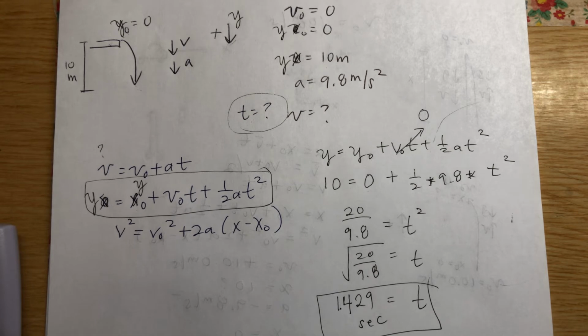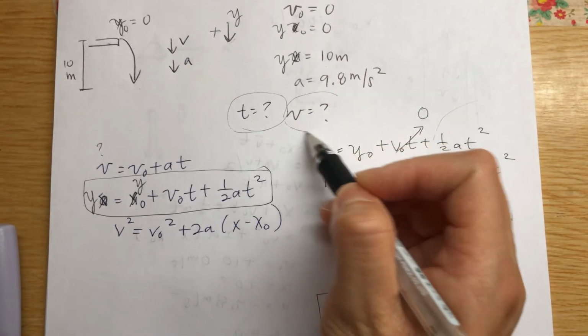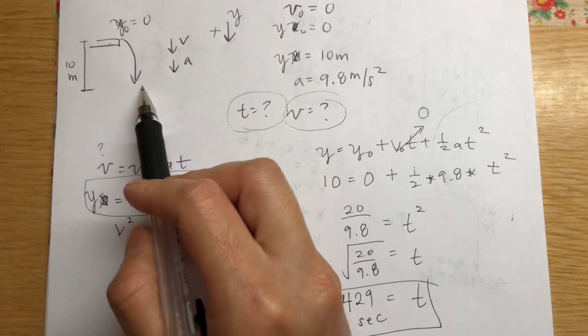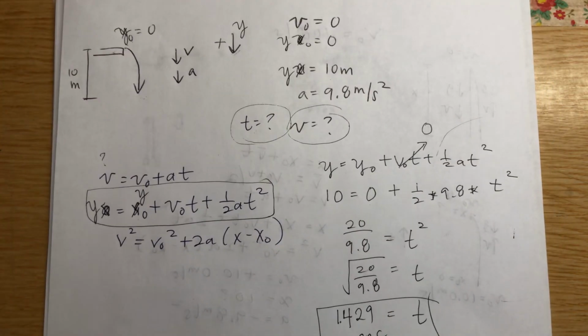Okay, slide 4. How fast does he hit the water? So when he hits the water, what is his velocity? So now I'm asking, what is that velocity when he hits the water? Okay, so we have the same conditions.